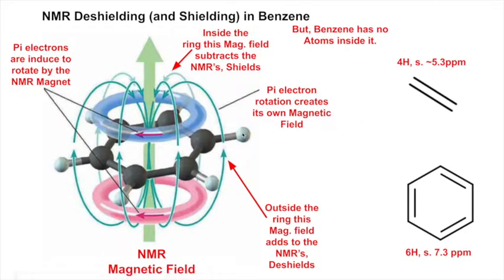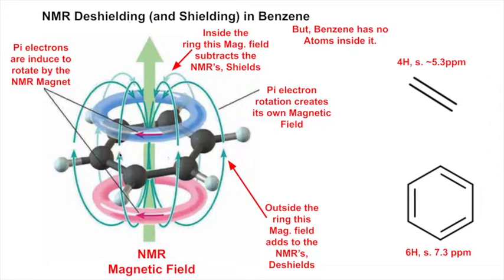Because the hydrogens sit outside of the ring, and the pi bonding causes them to be deshielded. So, okay, that's pretty cool, right? We're explaining why we memorize that value of benzenes around 7 and regular unconjugated alkenes around 5.3. Now let's see if we can look at an example where we look in the middle of the ring.